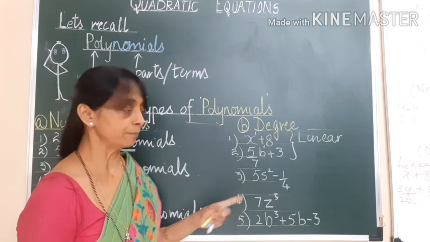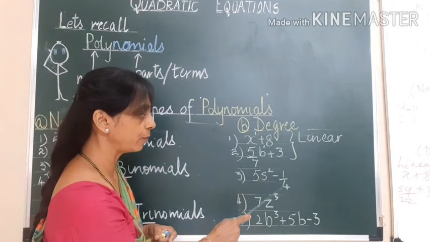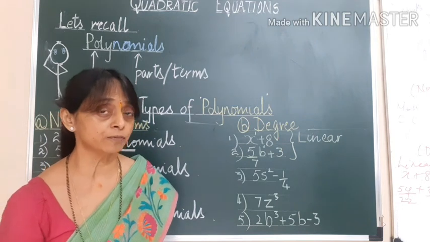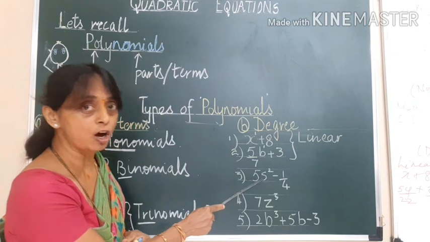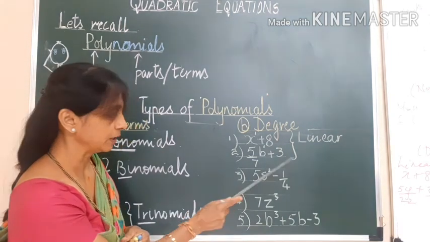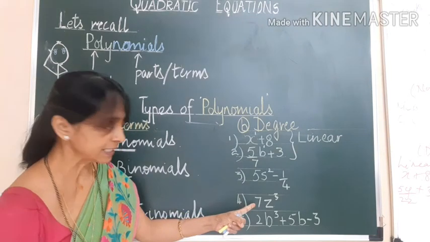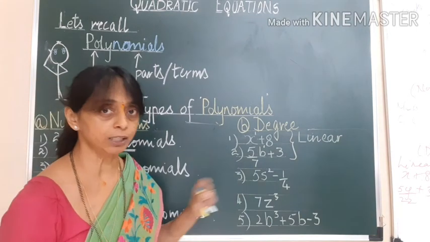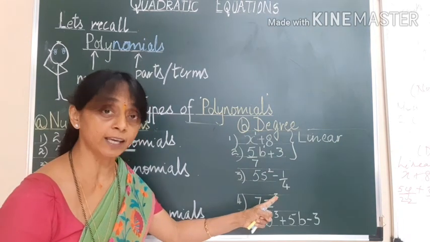Let's move on further. See the next example. 5s squared minus 1 upon 4. Which is the variable over there, children? The variable is s. What is the degree of that variable s? The degree is 2. Now, look at the next example. 7z raised to 3. Over here, the variable is z, but the degree is 3.